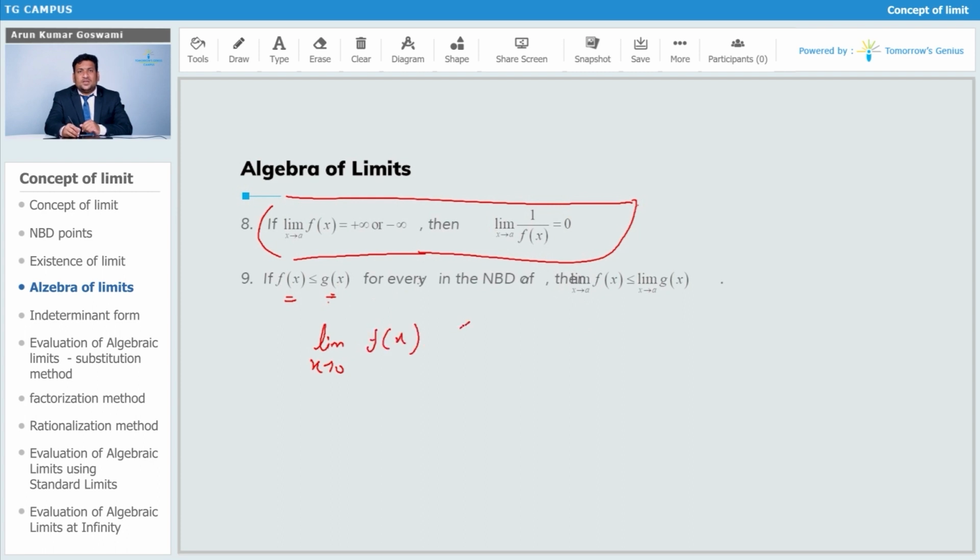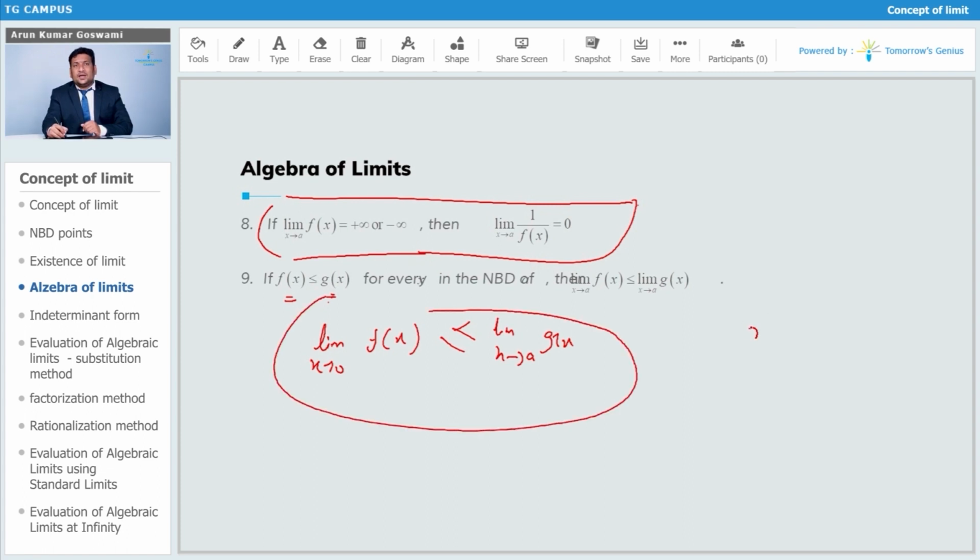So we can say this condition is true only when f of x is less than or equal to g of x.